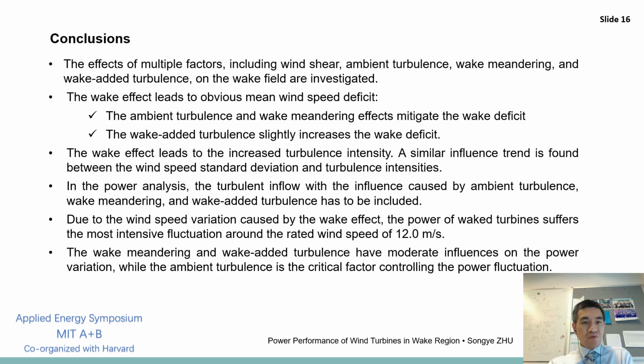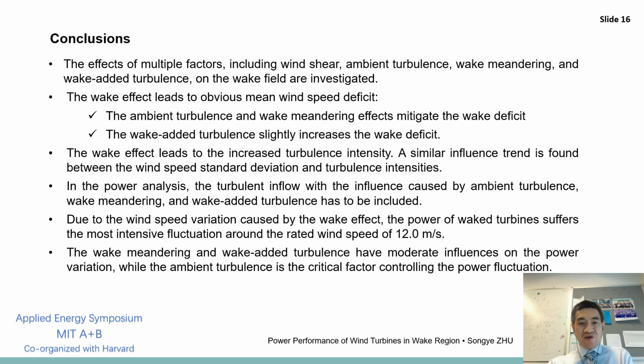Finally, some very brief conclusions. The effects of wind shear, ambient turbulence, wake meandering, and wake-added turbulence are investigated in this study. The wake effect leads to obvious mean wind speed deficit, but the ambient turbulence and the wake meandering effect actually mitigate the wake deficit and increase the wind speed recovery.